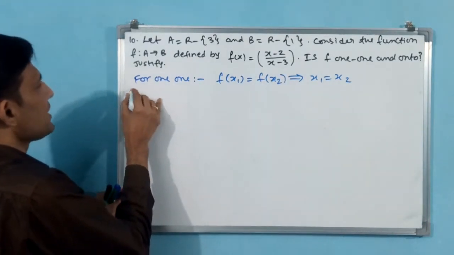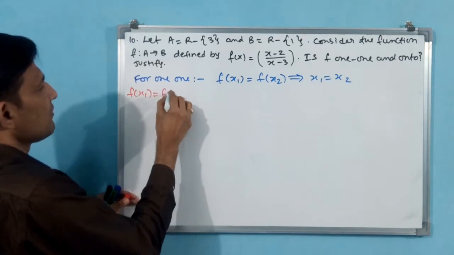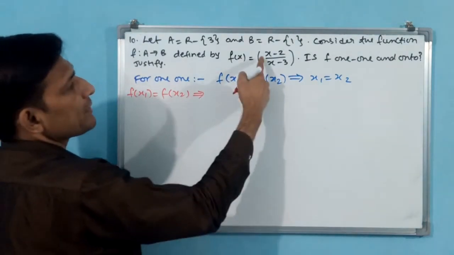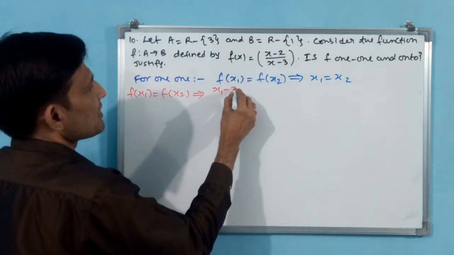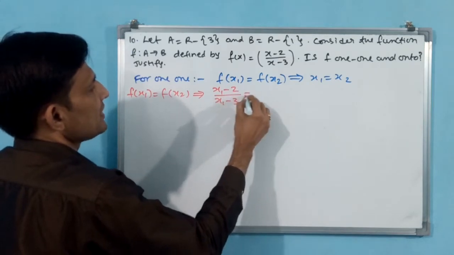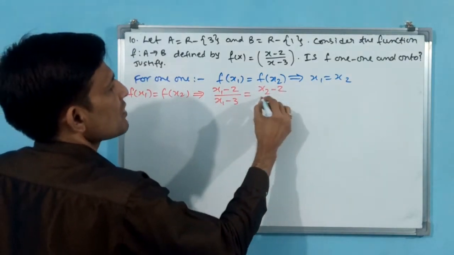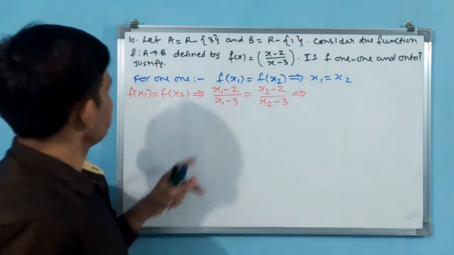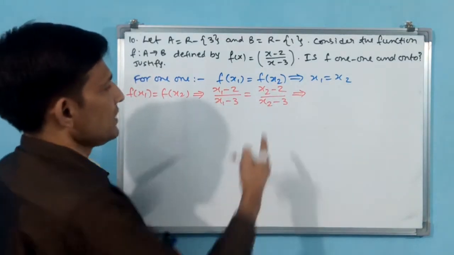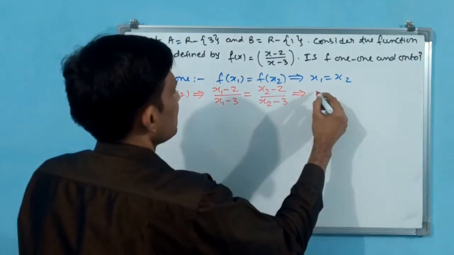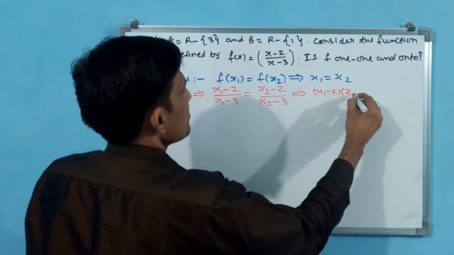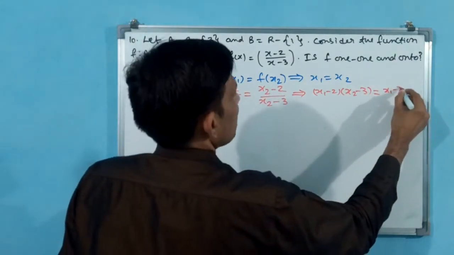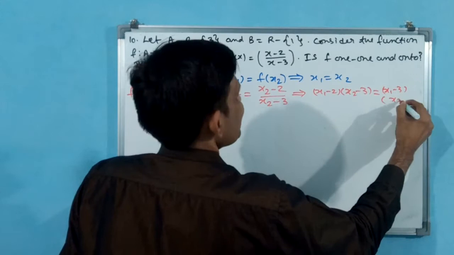f of x1 is equal to f of x2 implies. See what I am going to do. In place of x, I am going to write x1. x1 minus 2 by x1 minus 3 is equal to x2 minus 2 by x2 minus 3. Okay, implies. Now you do cross multiplication. x1 minus 2 into x2 minus 3 is equal to x1 minus 3 into x2 minus 2.